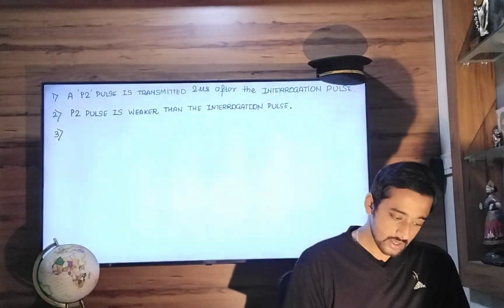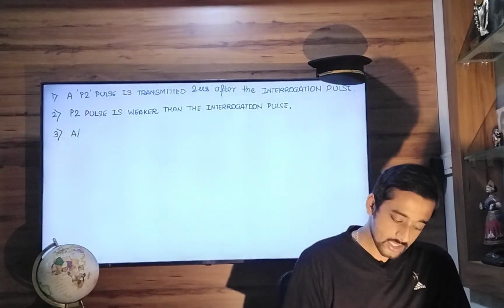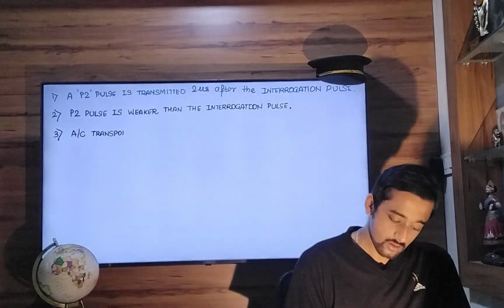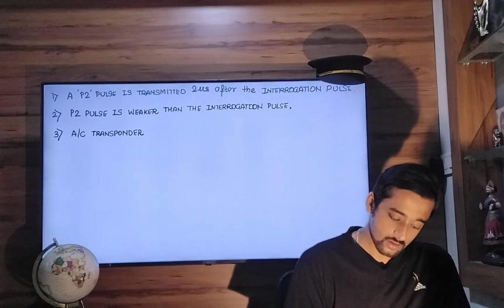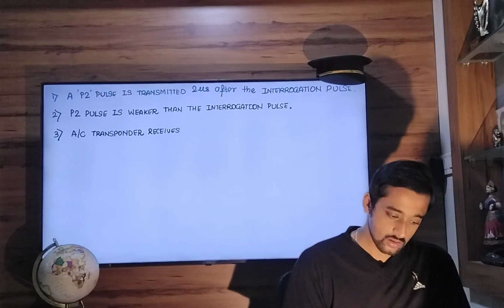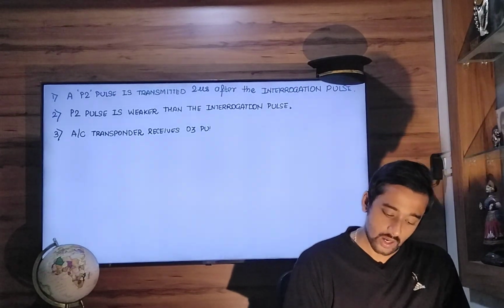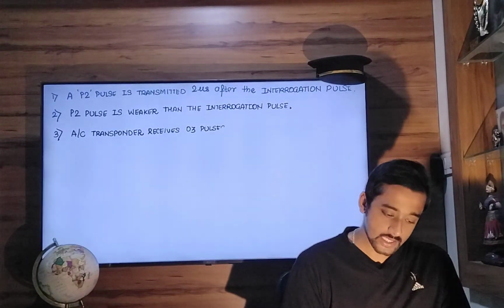Next, third point, the aircraft transponder receives three pulses: pulse 1, pulse 2, and pulse 3.